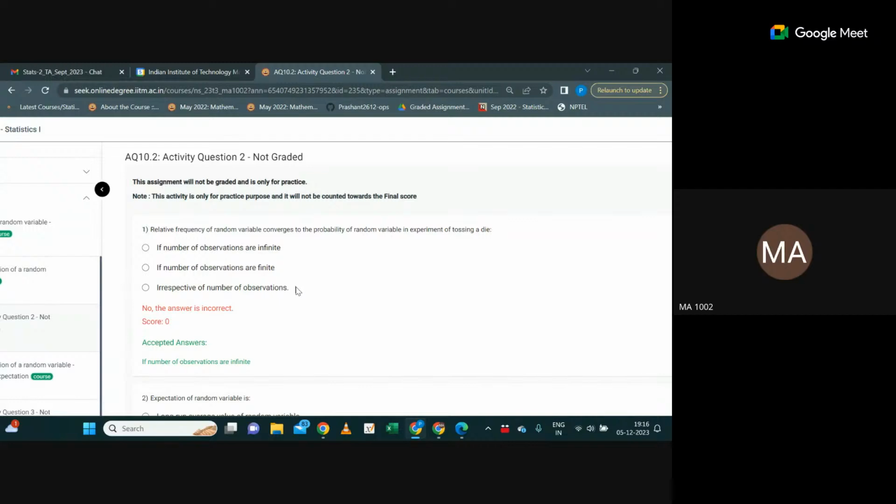What does the relative frequency tell us? Basically, frequency divided by total frequency, right? And the same thing we do with probability: favorable cases divided by total number of cases, right? The relative frequency is not exactly the same as the probability of that random variable.